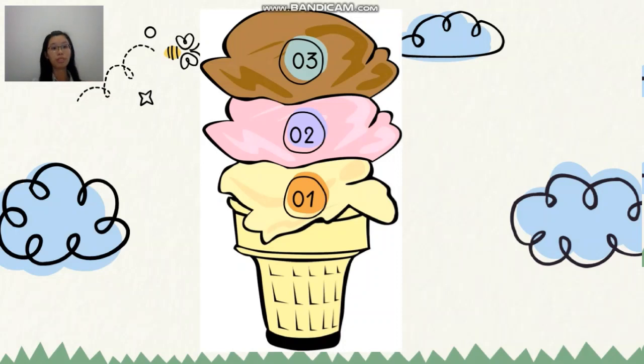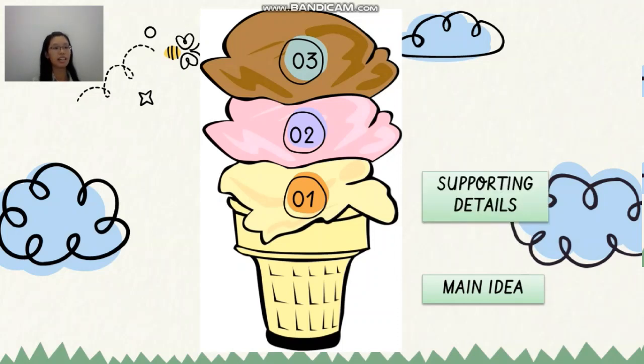The first is the cone, then the first layer, second layer, and the third layer. What does the cone mean? The cone will tell us about the main idea, while the first layer will talk about supporting details about the text that we will talk about, as well as the second layer and the third layer.